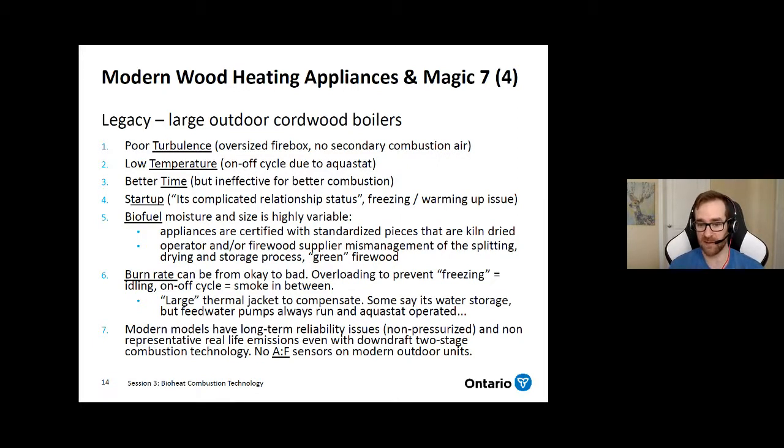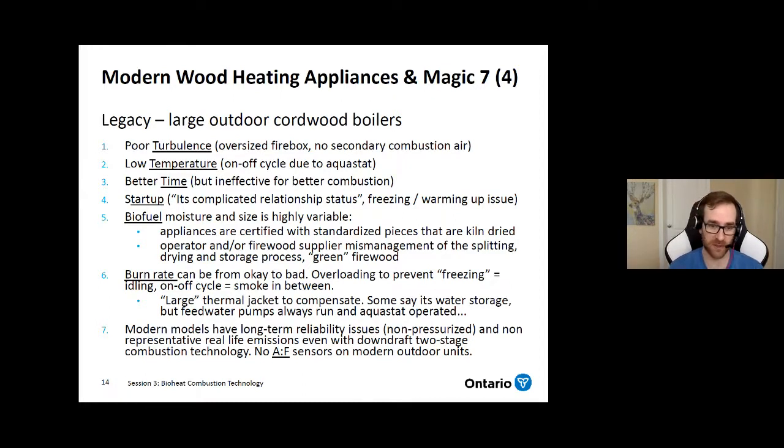They still have reliability issues because they're non-pressurized. So like the modern units that are coming from Europe, they're typically pressurized and they last longer.